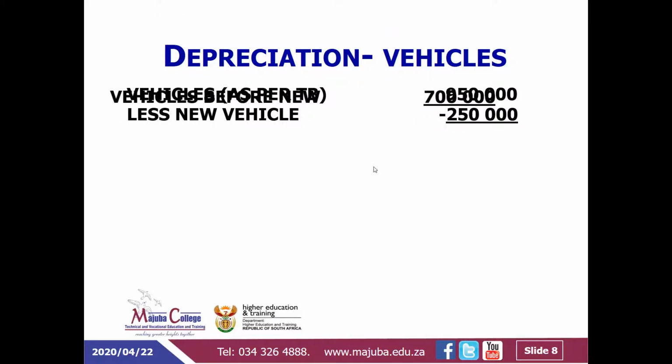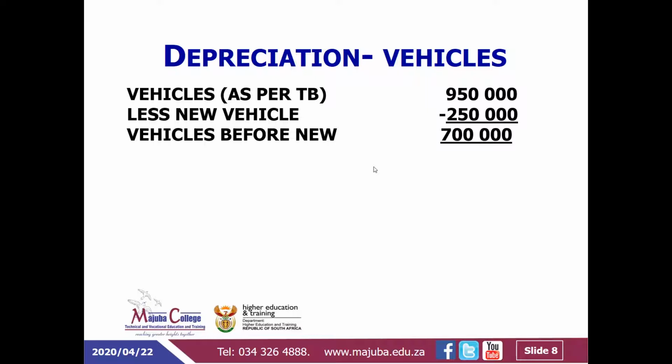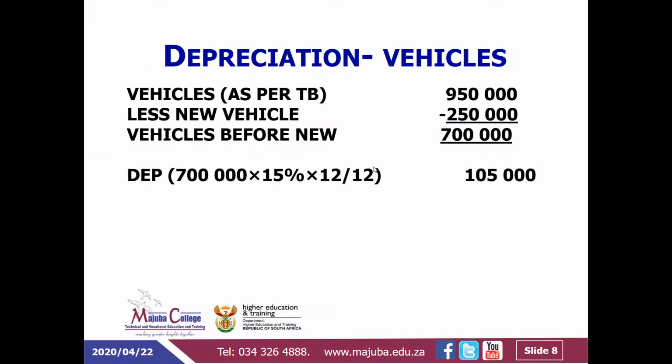I'm going to deduct the amount of new vehicles to arrive at the value of vehicles before the entity acquired new vehicles. Now, the calculation of my depreciation will consist of the application of the 15% on the 700,000 that existed for 12 months. It has been in existence from the 1st of March 2014 until 28 February 2015.